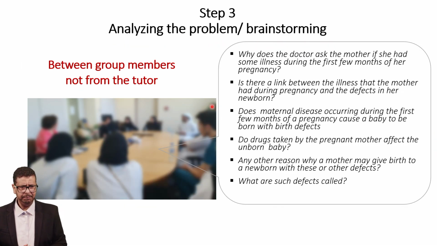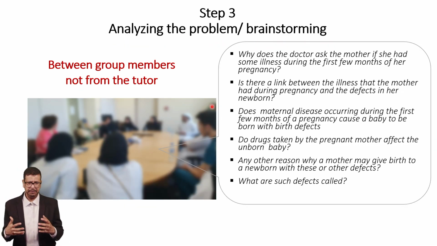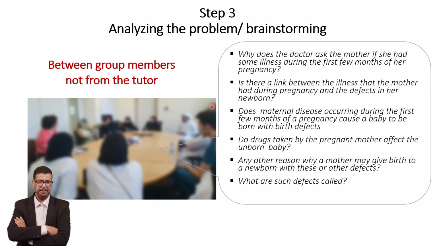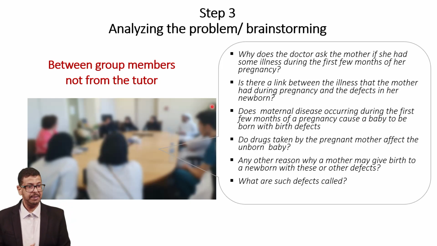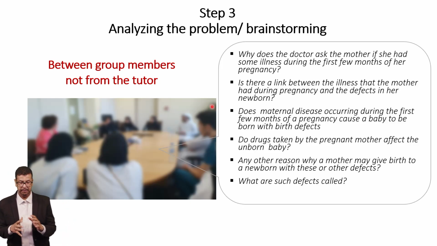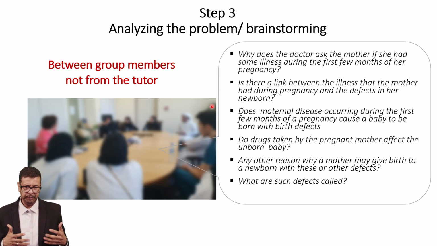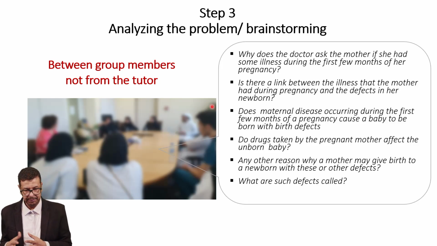These are a very important set of questions that can help the group to understand and do the brainstorming. Questions like this: why does the doctor ask the mother if she had some illness during the first months of pregnancy? Will any illness during the early weeks of pregnancy affect the baby? Can it cause problems to the mother and to the child or the fetus?